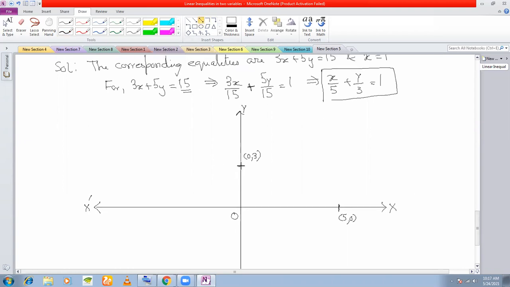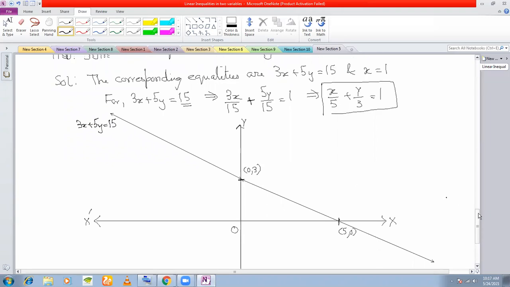So we join these 2 points to form our straight line. Okay, so this is our straight line. The equation of this straight line we write here: 3x plus 5y is equal to 15.